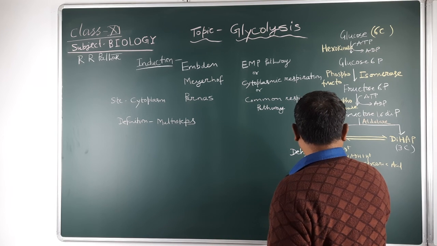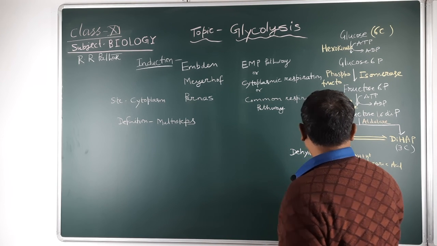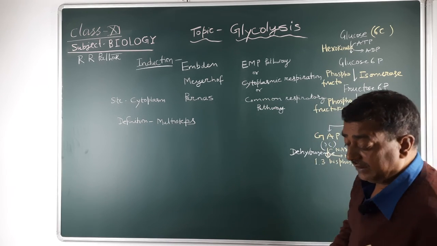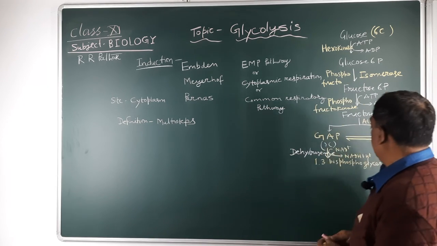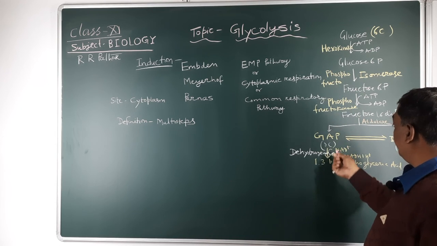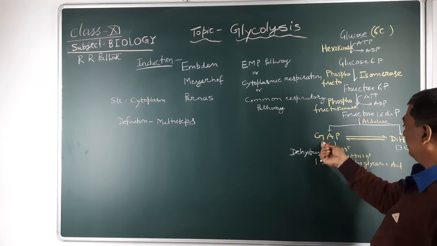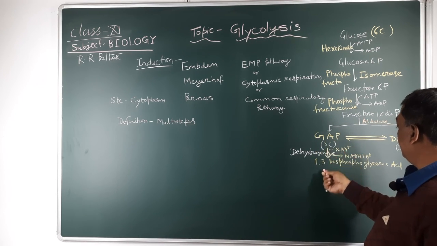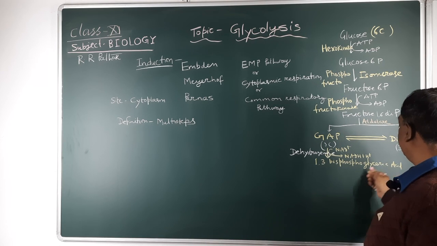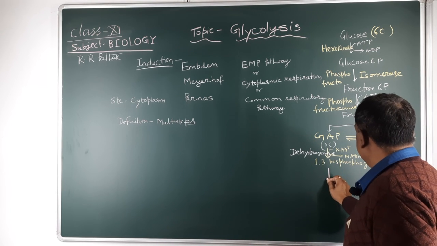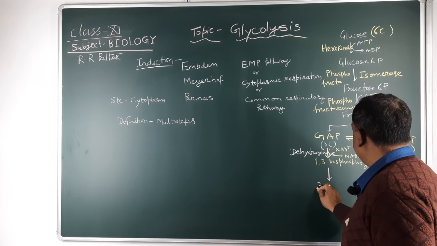Dehydrogenase enzyme is responsible for the conversion of phosphoglyceraldehyde into 1,3 bisphosphoglyceric acid, then converted into 3 phosphoglyceric acid.